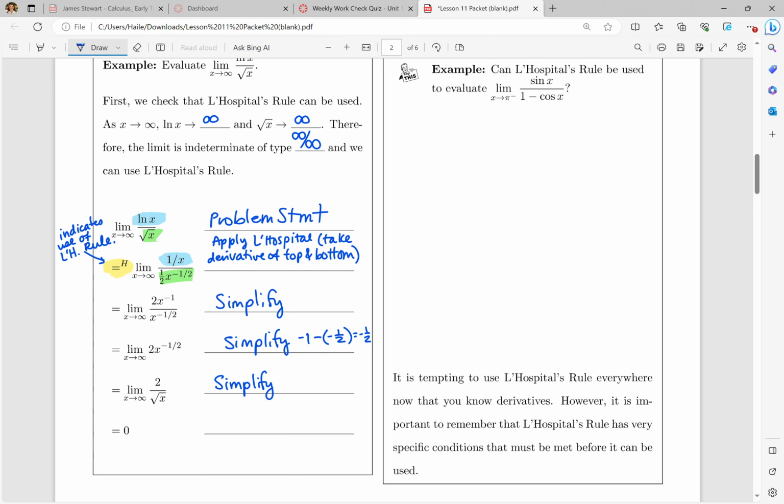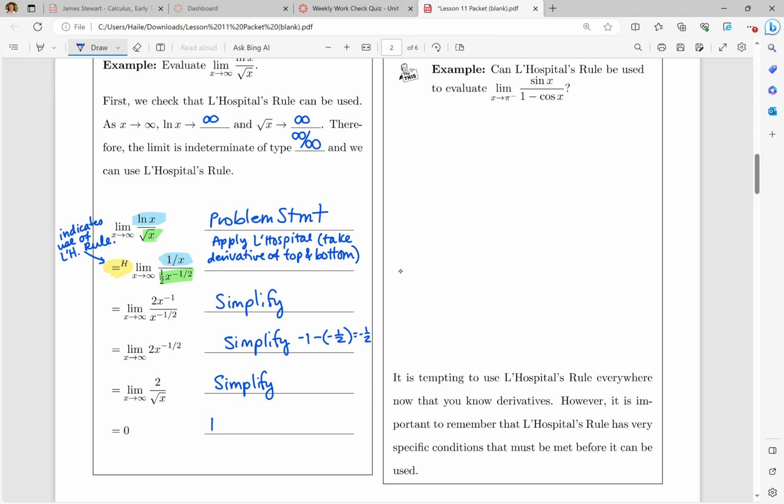So here we get 2 over the square root of x, which is pretty obvious that we're not going to be able to use L'Hopital's rule again because, well, the numerator's 2, so we can't get a 0 over 0 or an infinity over infinity. And so we just use direct substitution, and we know that, actually, no, let's not call this direct substitution.